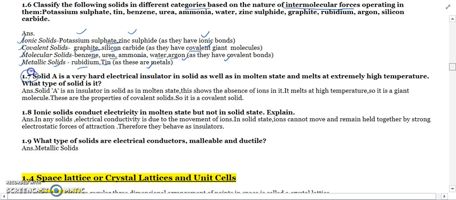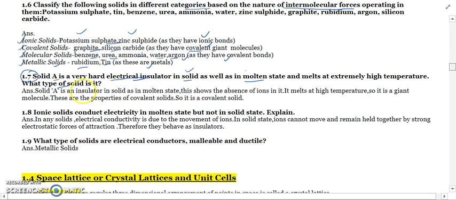The next question is: solid A is a very hard electrical insulator in solid as well as in molten state, and melts at extremely high temperature. What type of solid is this?